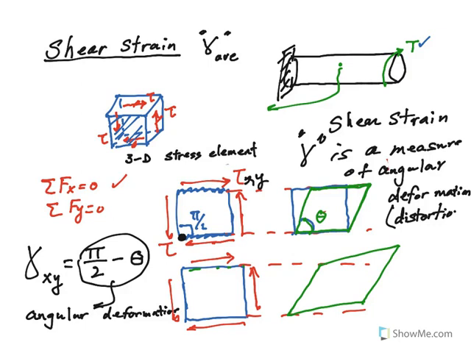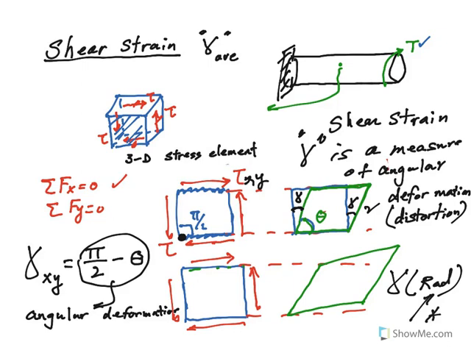And by the way, this gamma has to be always determined in radians. I mean, you could say this gamma is 1 degree or 2 degrees. Here, obviously, I'm exaggerating in this picture. The material has to be really soft to have an angular deformation like that. You could say the angle is 2 degrees, but in calculations, gamma has to be converted to radians. So that's very important, guys.